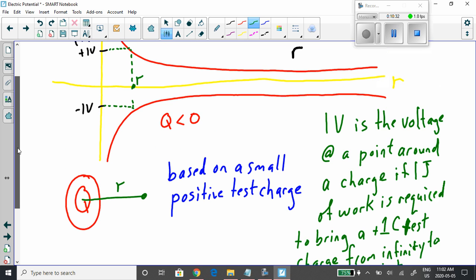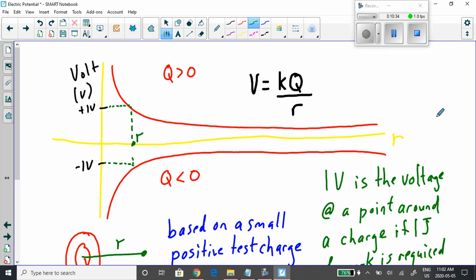Let me repeat that. Let's pretend this represents a 1 coulomb test charge, my little waving eraser. Let's pretend that's a positive 1 coulomb test charge, and that way out here is infinity.